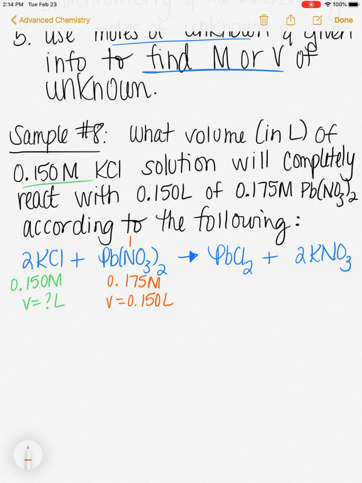So that means that I'm going to label lead 2 nitrate as my known because I know both the molarity and the volume of that. I am going to label my KCl as the unknown. And the reason I call that the unknown is because I know the molarity, but I do not know the volume.